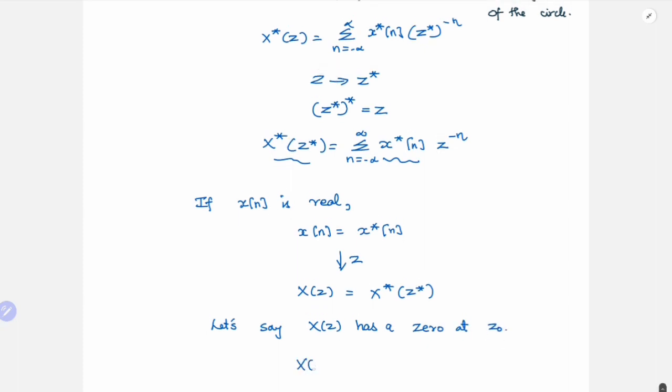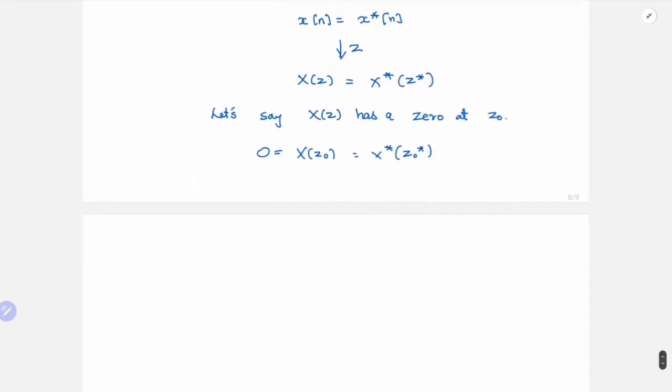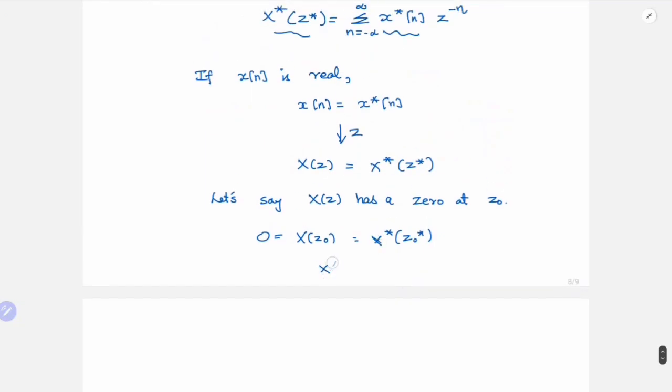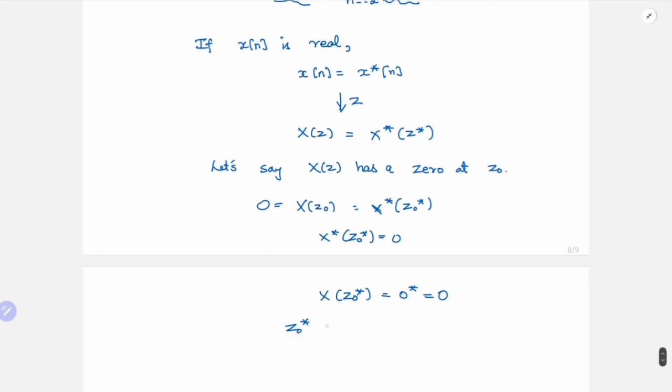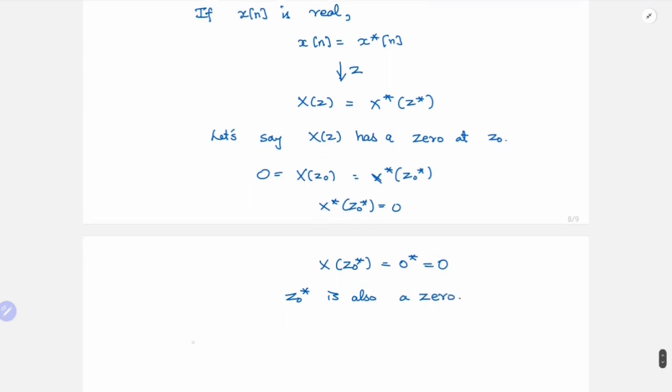Then if you substitute z0 here, you have X of z0 equal to 0. Taking the conjugate, I'll have X of z0 conjugate equal to 0 conjugate, which is again 0. This means that z0 conjugate is also a 0. So they come in complex conjugate pairs. Similarly, for poles as well.